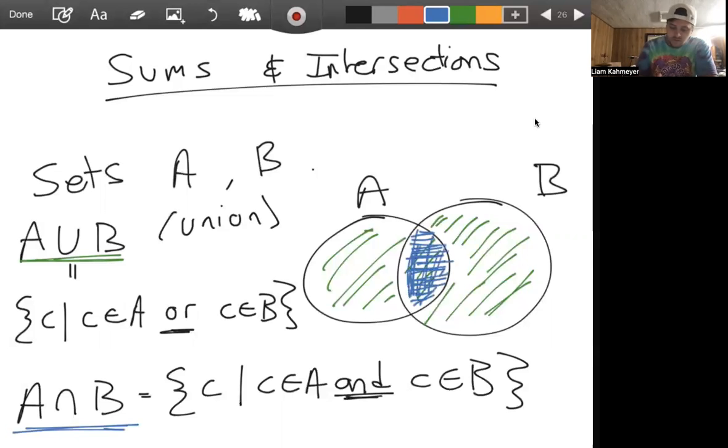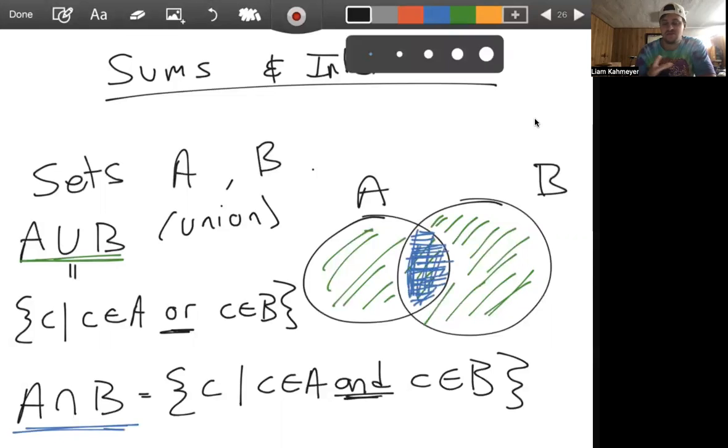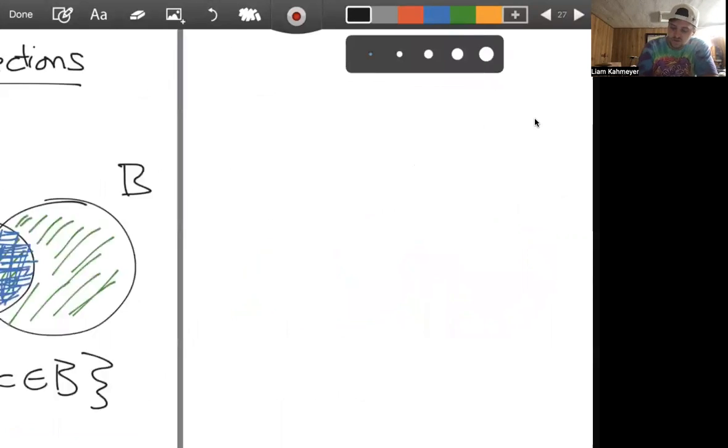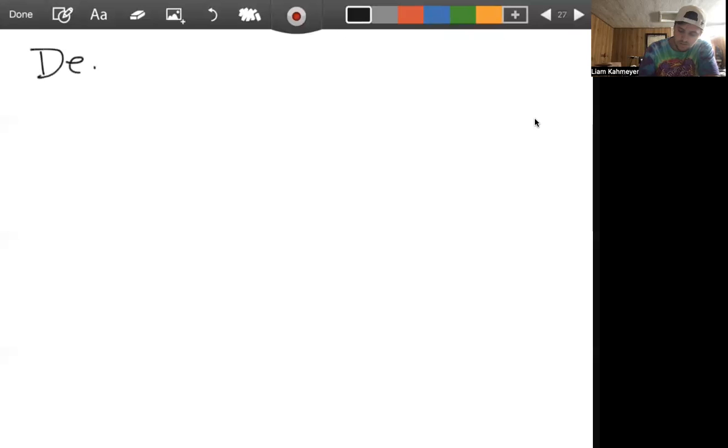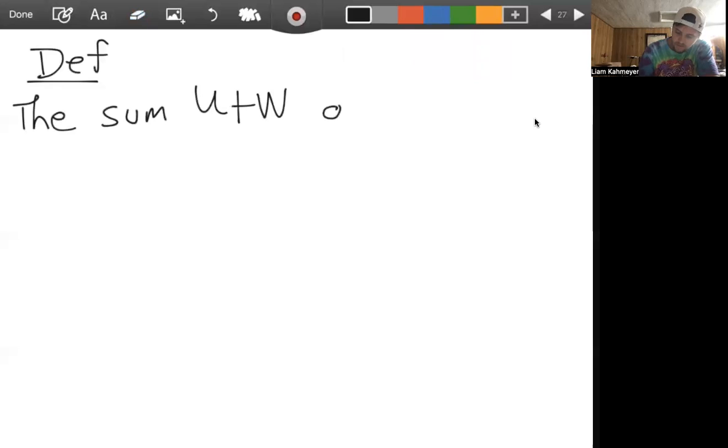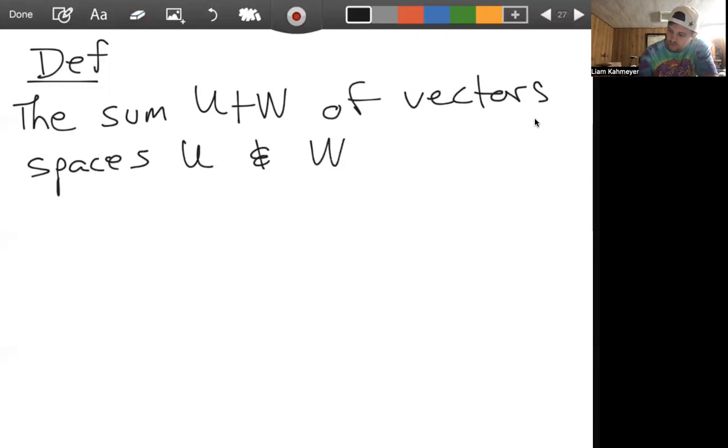You recall these notions, but when we're looking at vector spaces, we don't really say union, we say sum. So let's give a definition here. The sum U plus W of vector spaces U and W is defined to be the following thing.